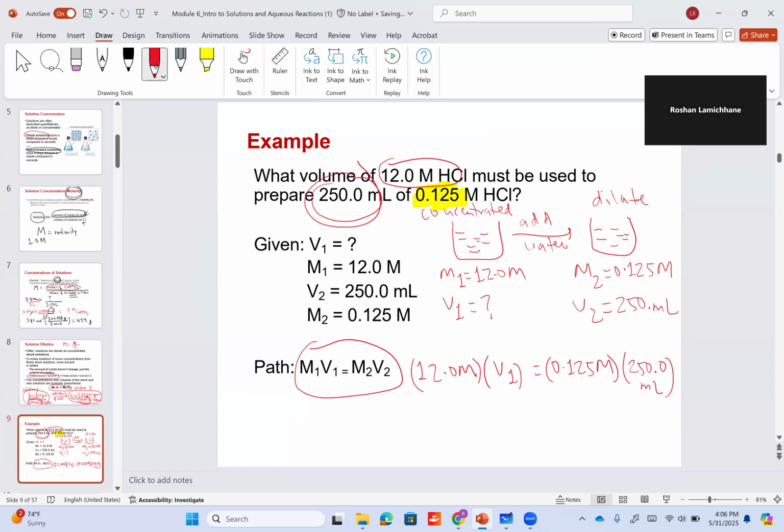V1 will be in milliliters, all right? So V1, if you do the math, you'll end up with 2.60 milliliters. And again, my lowest measurement, for example, this has 3 sig figs, and that is why my final answer also has 3 sig figs. Right? Now remember, the question did not tell me explicitly if they want the volume in milliliters or liters. That is why I have the answer in milliliters. If the question tells you what volume in liters, make sure you convert the milliliters to liters at the very end.